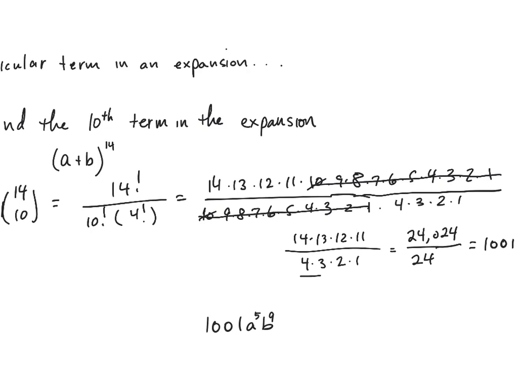And that brings us to the end of lesson 8.6. So just to review, really the most critical topic here is being able to find the entire expansion of a binomial.